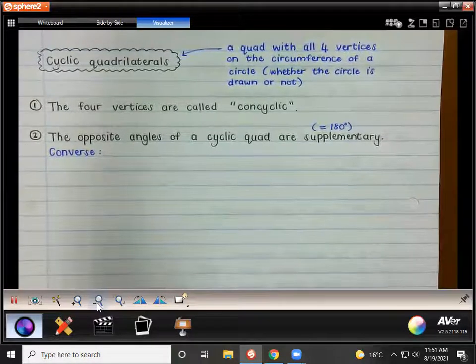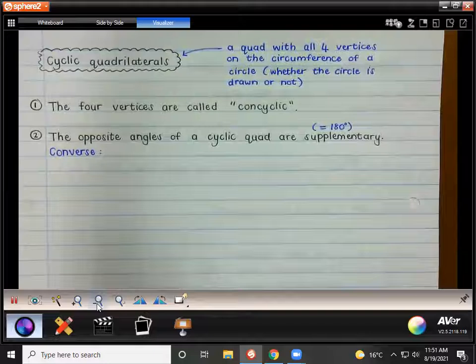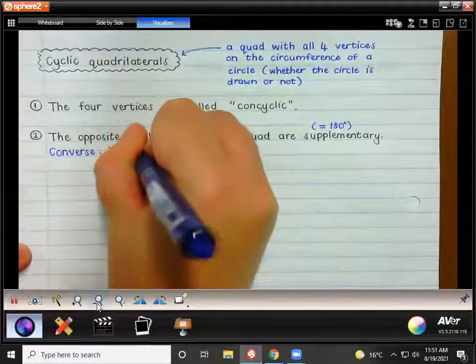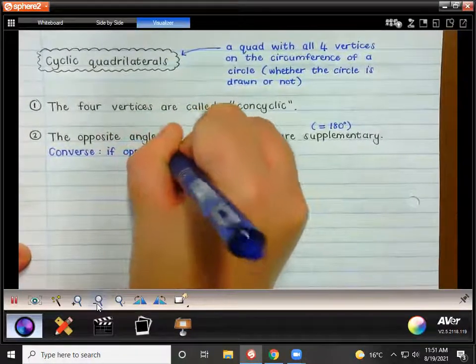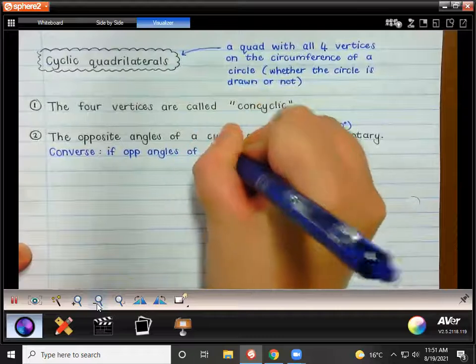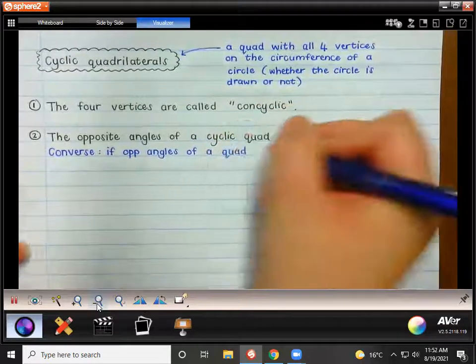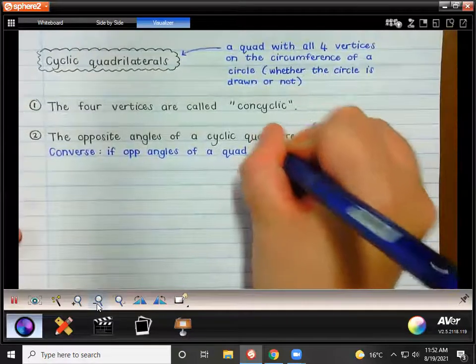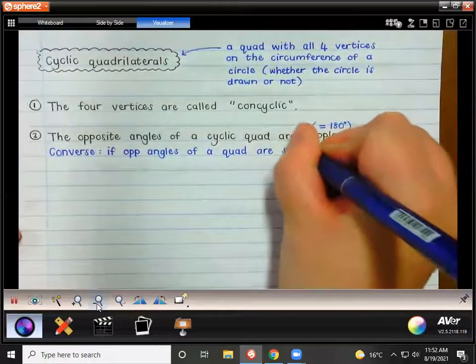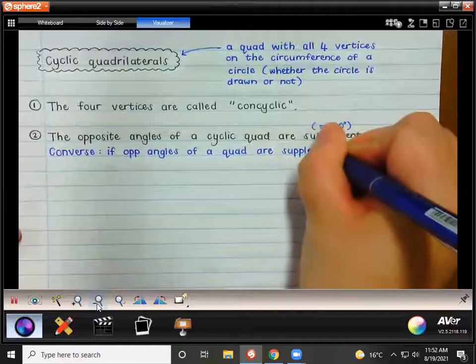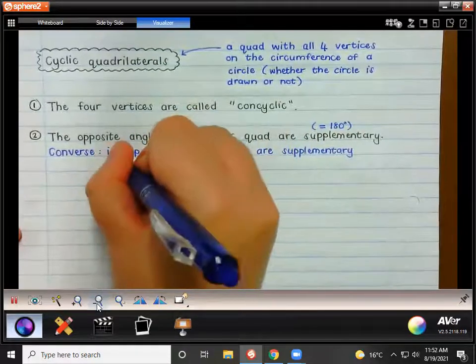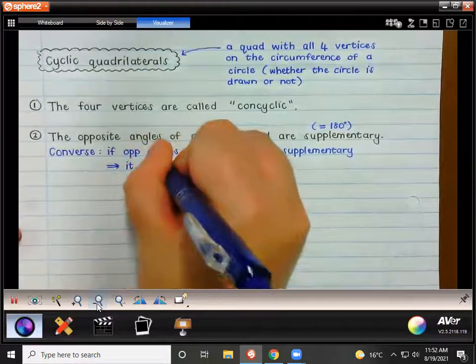It is what we can use to prove that a quadrilateral is cyclic, so to prove that you could draw a circle through the 4 points: if opposite angles of a quad, I'll just say quad now, but obviously quadrilateral would be the correct word, are supplementary, then it is a cyclic quad.